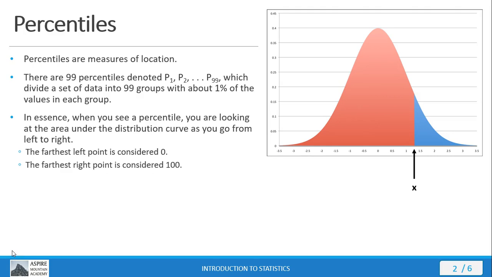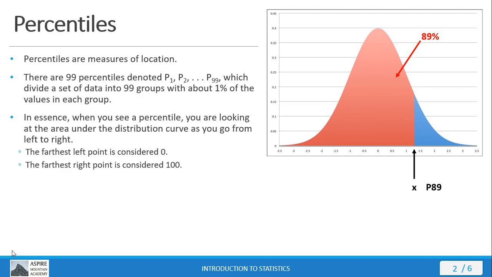So if this x value represents, say, the 89th percentile, or P89, then the area under the curve to the left of that x value, which you see shaded in red, will be 89% of the total area under the curve.